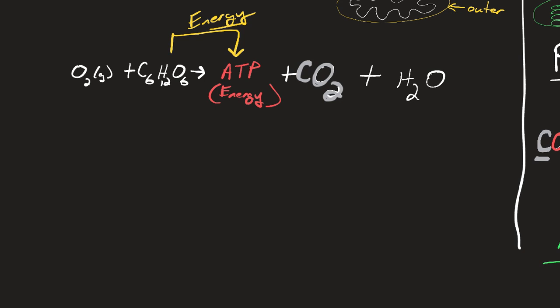So you make, and what do you do with that CO2? You breathe it out. You breathe it out. So everything you eat, assuming you use it, you breathe out what you eat. If you eat it and use it, you breathe it out.